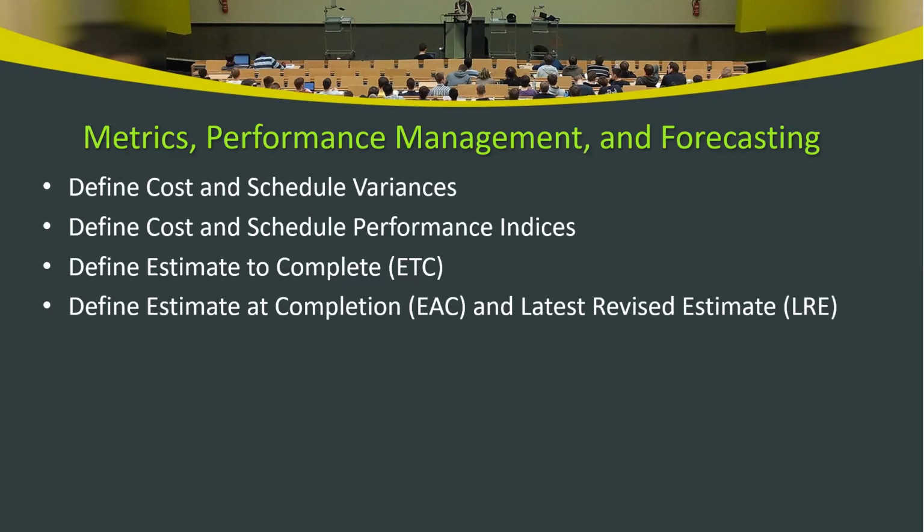For performance management and forecasting, we need to know the health or status of the project at any given time during the project timeline. You need to look at the variances. However, to forecast, you need efficiencies or indices.